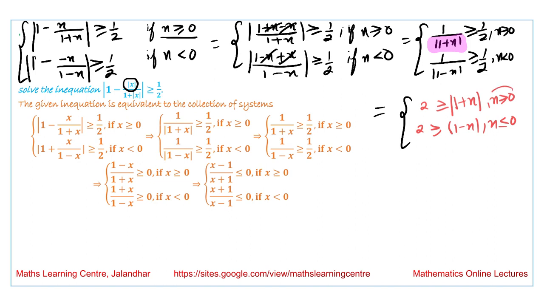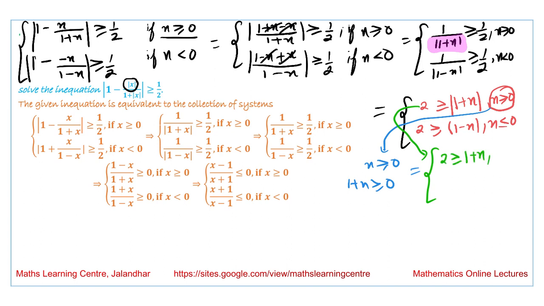In this first case x is greater than or equal to 0. Look at this first condition: when x ≥ 0, clearly 1 + x ≥ 0. So this first part will become 2 ≥ 1 + x, given x ≥ 0.